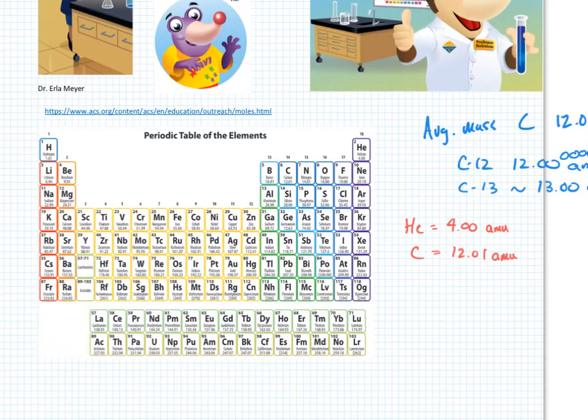So if we were out in nature and we're looking at elements, and we were able to find individual atoms and somehow able to measure them, we would find that every time we found a carbon atom, it would weigh 3 times more than every time we would find a helium atom. And if we found a hydrogen atom, it would weigh 12 times more. So carbon's 12.01, hydrogen's 1.01. So carbon is 12 times heavier than hydrogen. So I'll write this one down just for the sake of argument. So hydrogen is 1.01 a.m.u.s. Okay, so does this make sense?